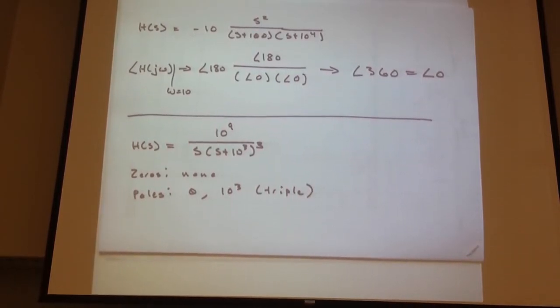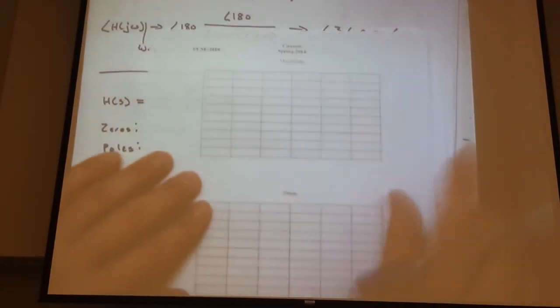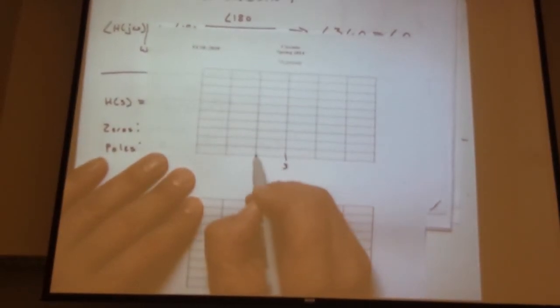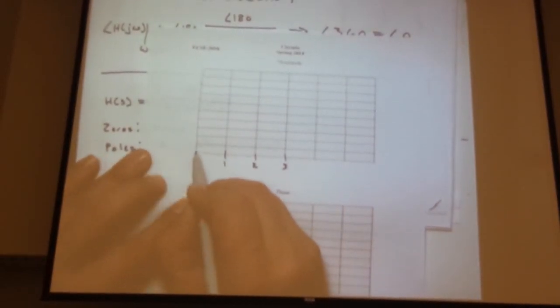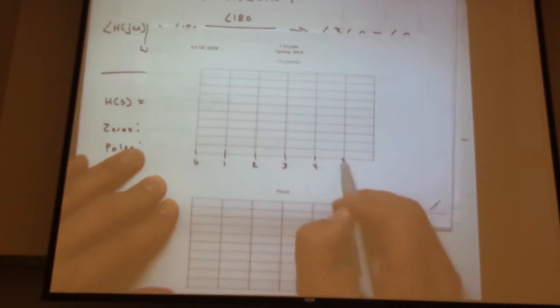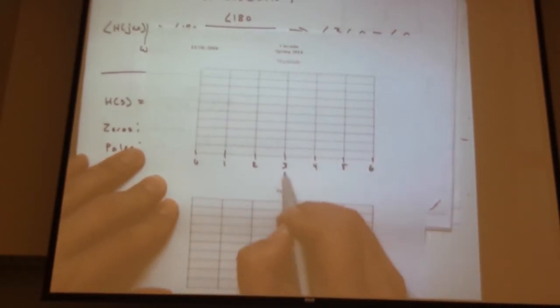So at that triple pole, what happens to our phase? That's a change of negative 270 degrees. If I plot this guy, there's my 3 right in the center-ish: 1, 0, 4, 5, 6. Triple pole.